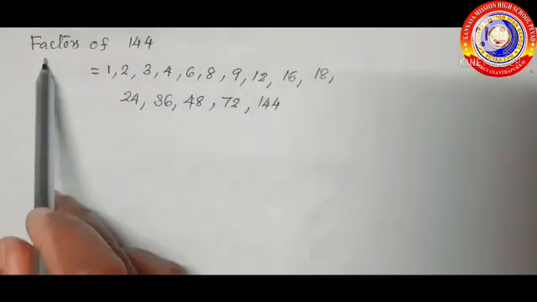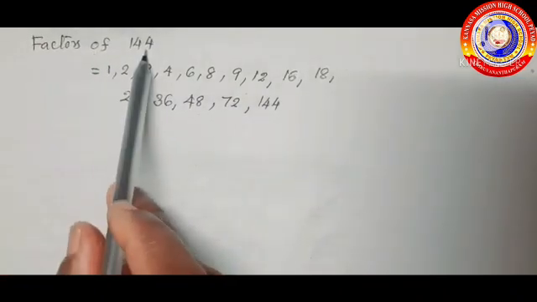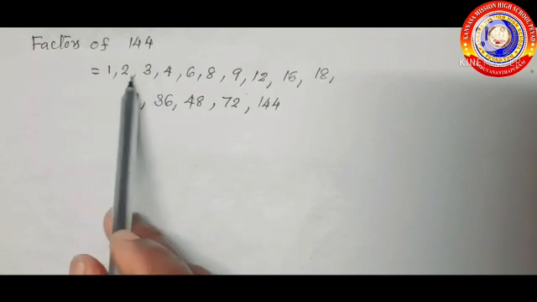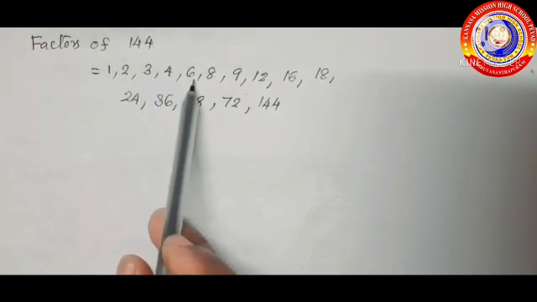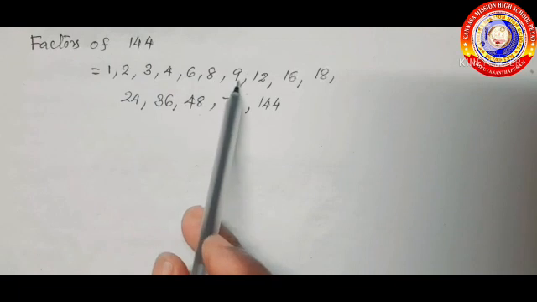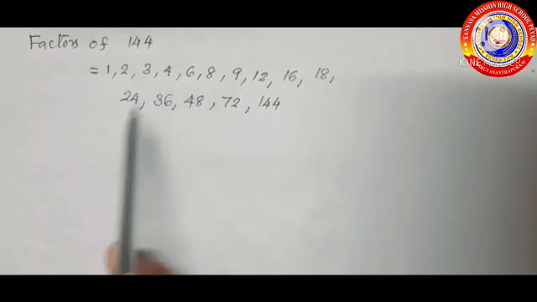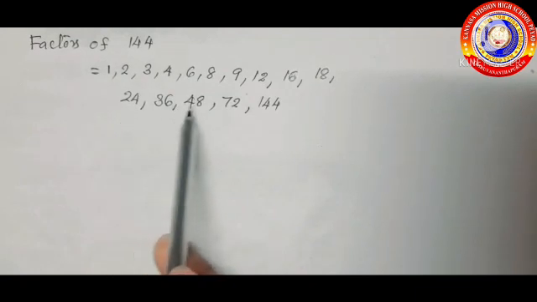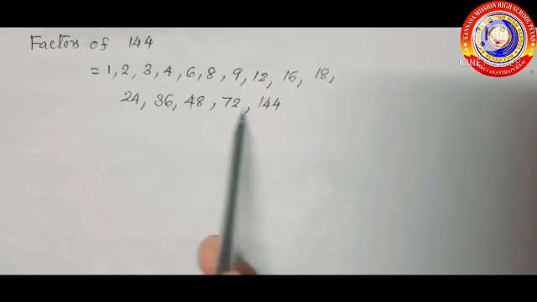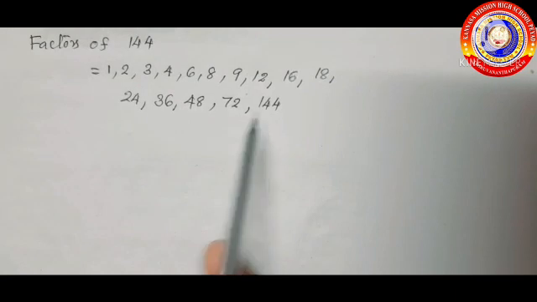That is, the factors of 144 in ascending order are 1, 2, 3, 4, 6, 8, 9, 12, 16, 18, 24, 36, 48, 72 and 144.